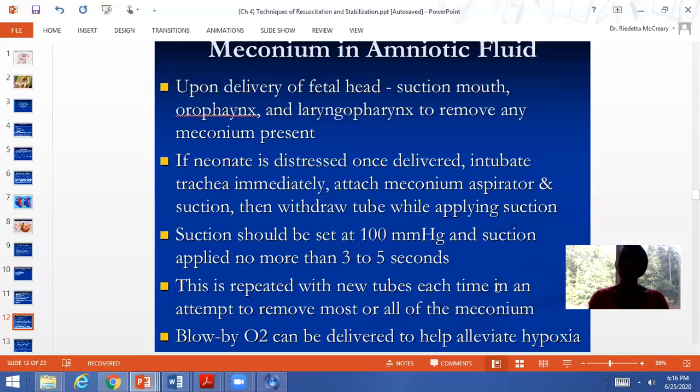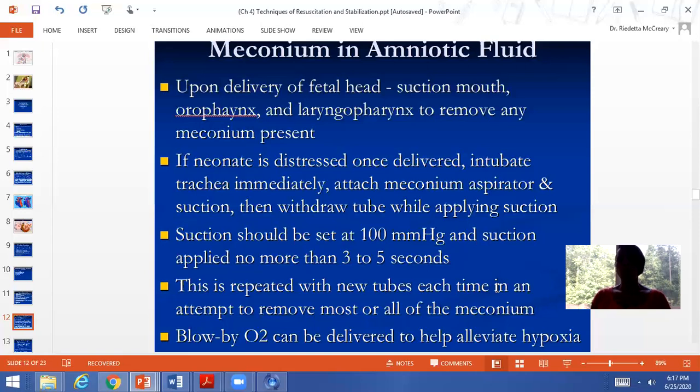So if meconium is present, you need to know how to adequately prepare and respond to this patient. Upon delivery of the head, they are going to suction the mouth, the oropharynx and the larynx with the suction catheter. This is to remove any meconium before the baby comes out and has the ability to be super active and respond to our environment, and possibly get some meconium in their lungs.